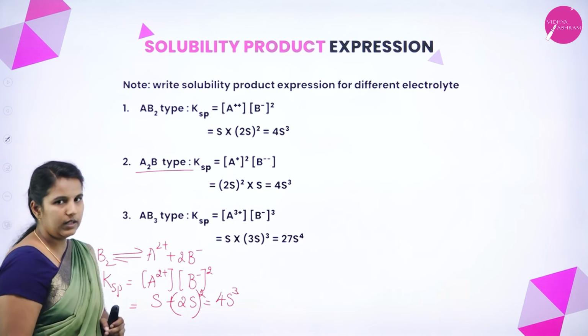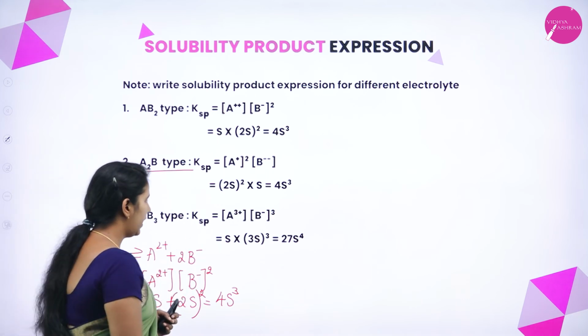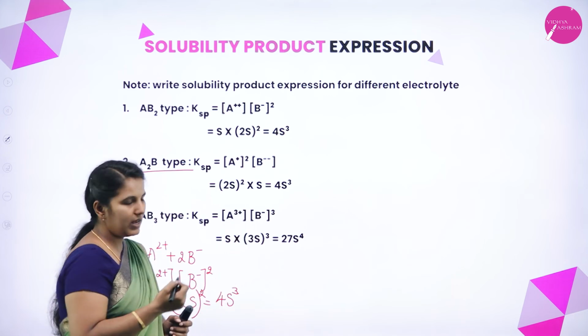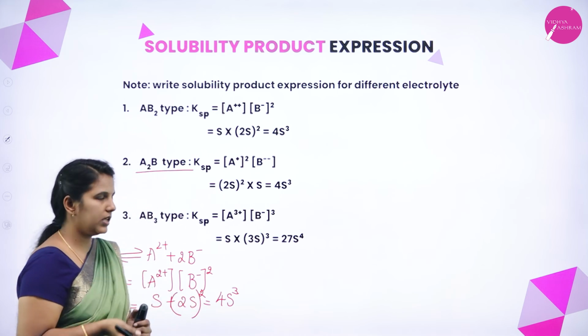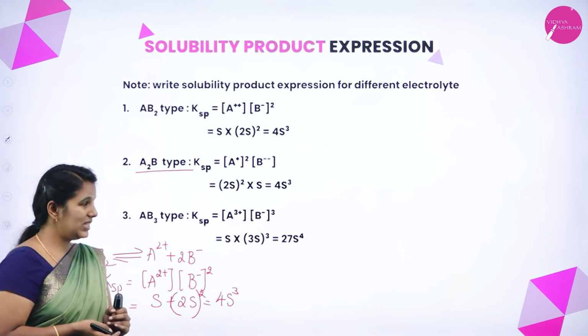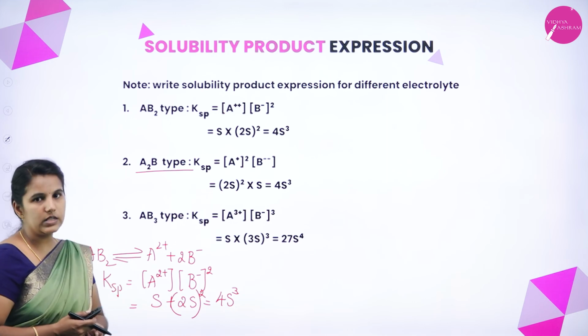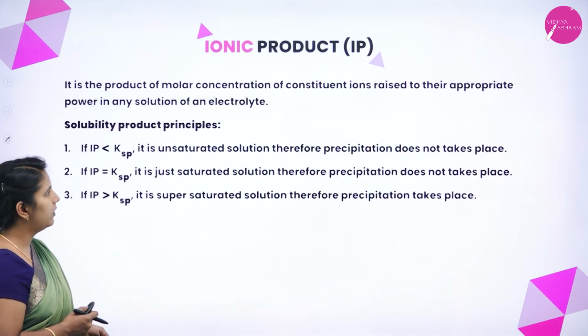For this, the Ksp value, that is the solubility product value, is A 3 plus into B minus raised to the power of 3, which is equal to S into 3S whole cube, which is nothing but 27S4. Okay, this is how we will write the solubility product expression.